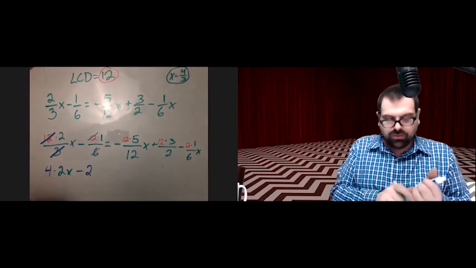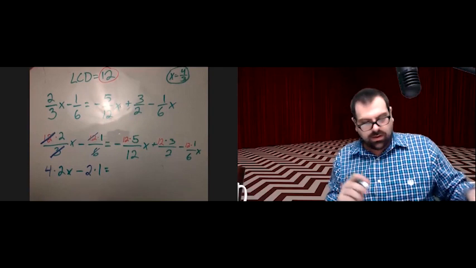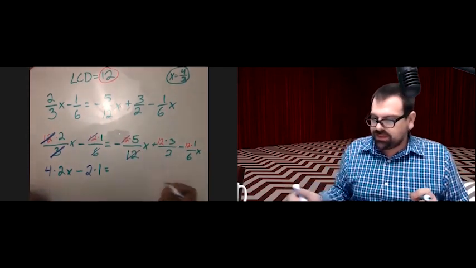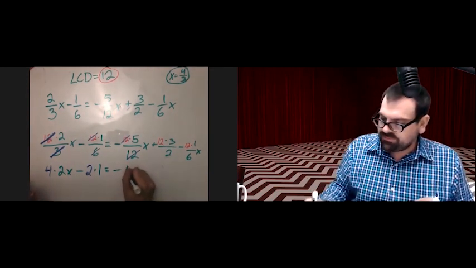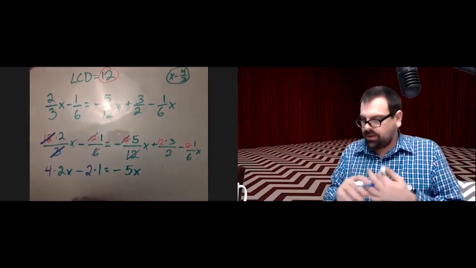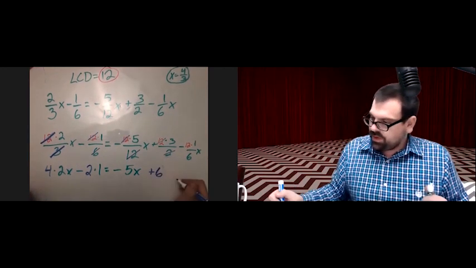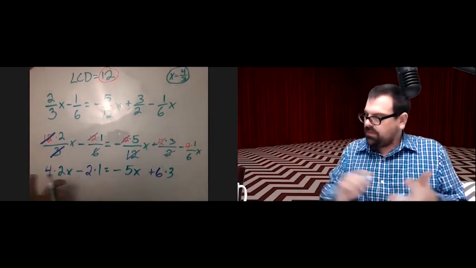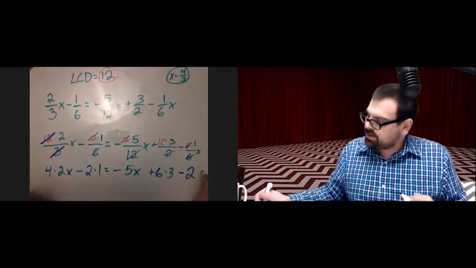So that's going to be a 2 times 1. Equals 12 over 12, that's 1. Those cancel out completely, so minus 5x. 12 over 2, that's a 6 times that 3. And then 12 over 6, that is a 2 times that 1x.